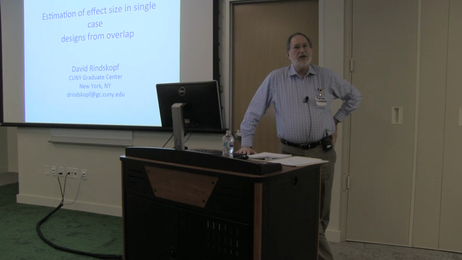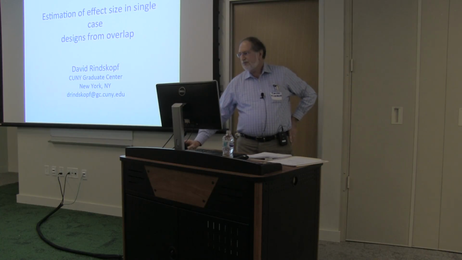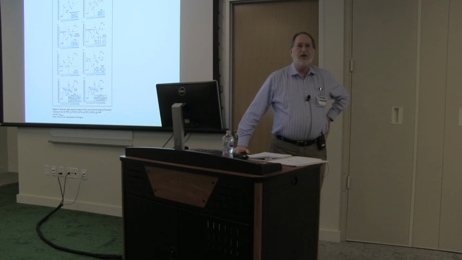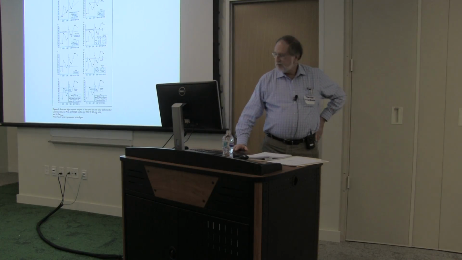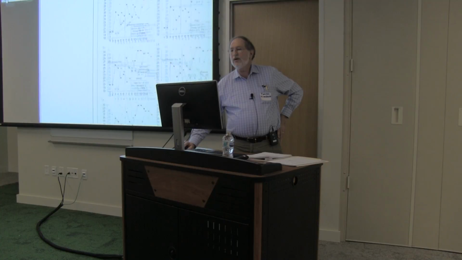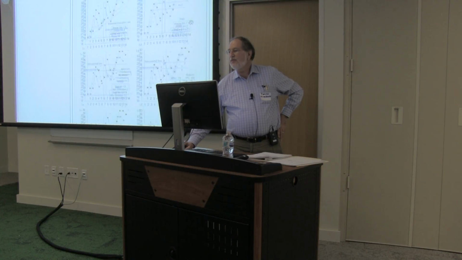So I've been working on some simple variations of things you probably have seen before, and I know quite a few of you have seen this, the article from which this slide comes. I can make it a little bigger so you can see the parts of it.